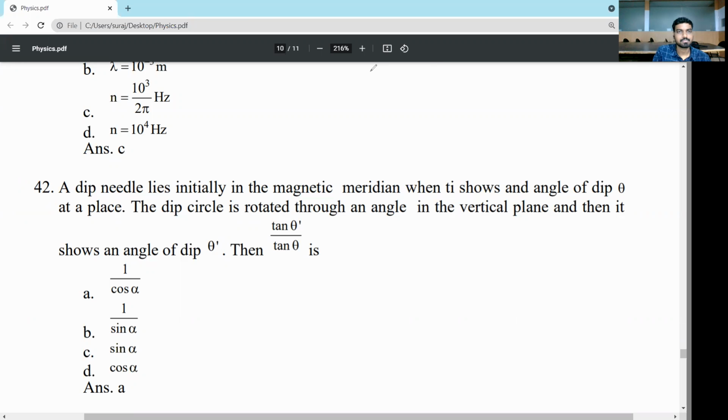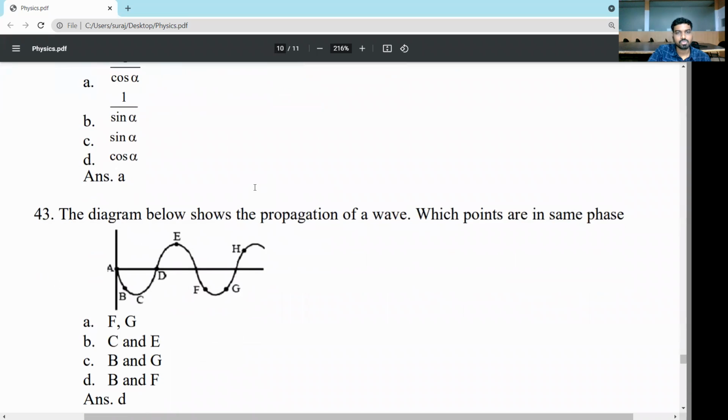Question 43. The diagram below shows the propagation of a wave. Which points are in the same phase? Same phase is what? It's F and G. Where is F? This is F, G is here.